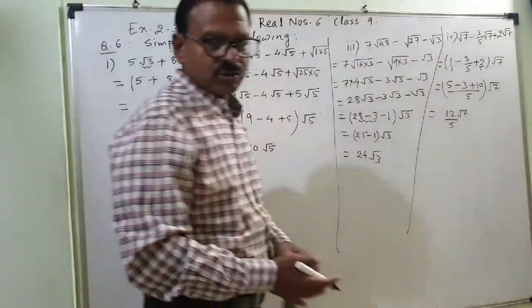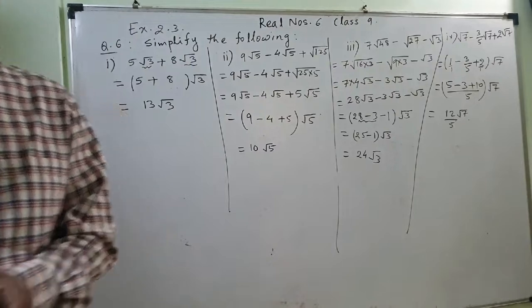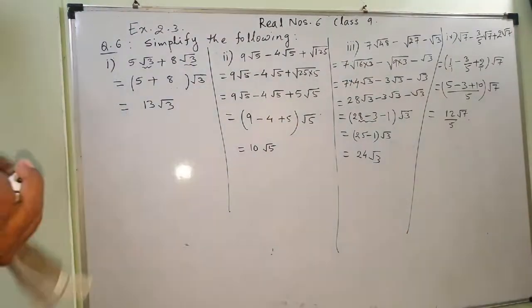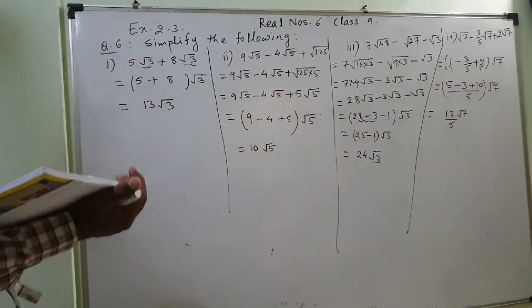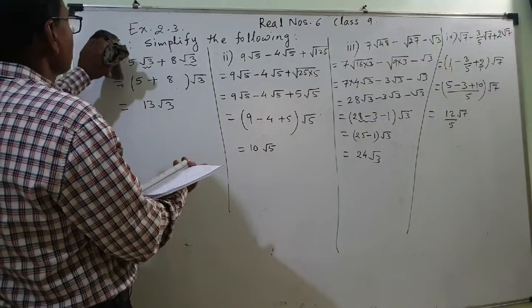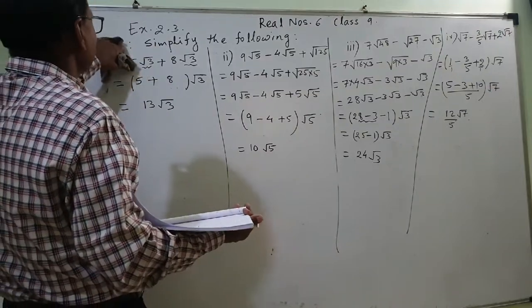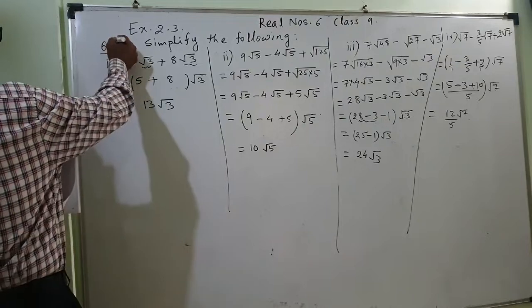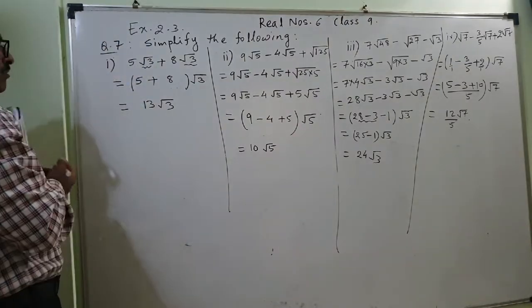Hope that you have understood this. This was the simplest. Now I will take the next question, the 7th one. This was 6. Now I am going to take the 7th one. Take a screenshot if you need.